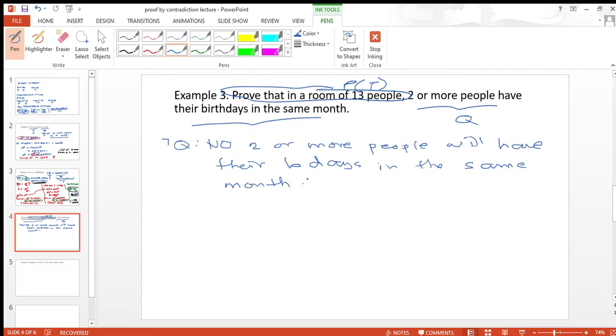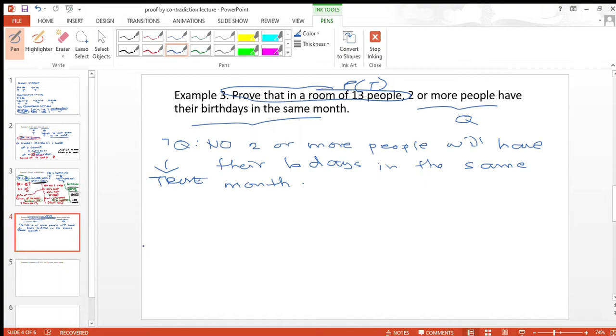So that's our not Q. And we will assume that not Q is true. That's the rule for the proof by contradiction. And we want to arrive at a contradiction somewhere along the line of our proof.